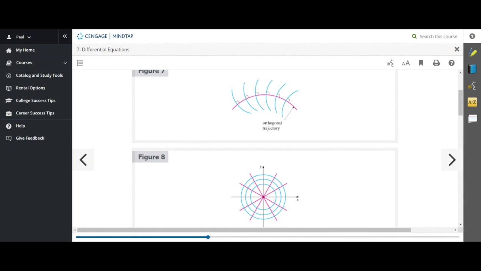You have a family of concentric circles, and that family of circles is orthogonal to the family of straight lines. You see that? So each straight line through the origin is an orthogonal trajectory of the family of concentric circles. That's what they're showing in figure 8.